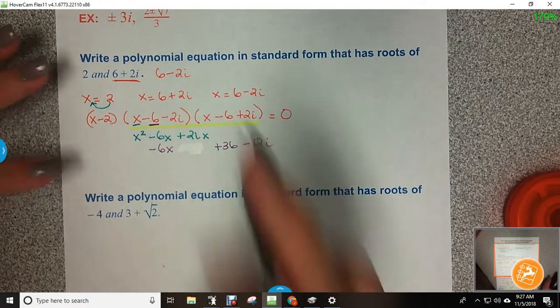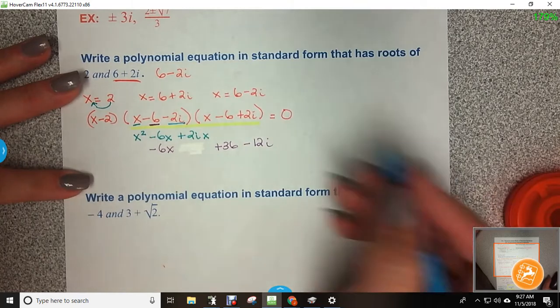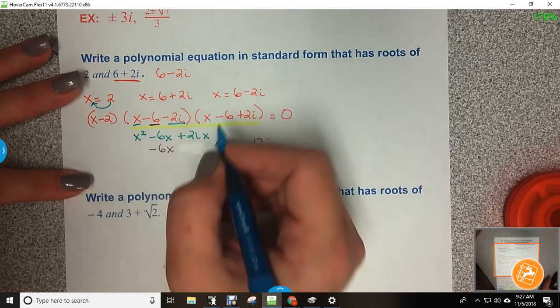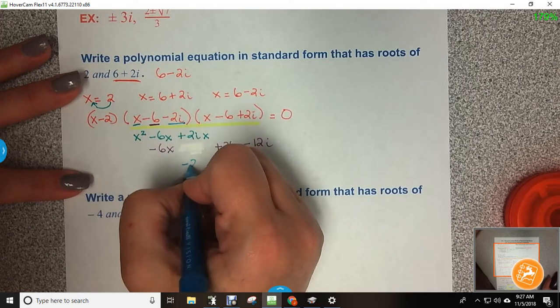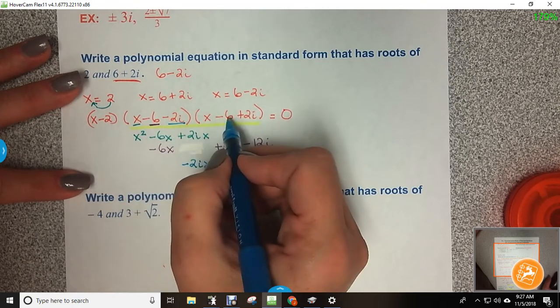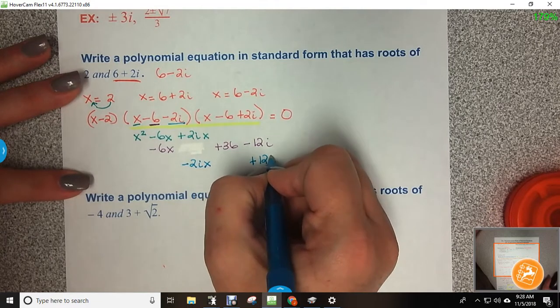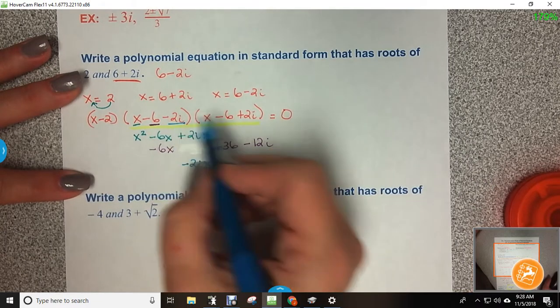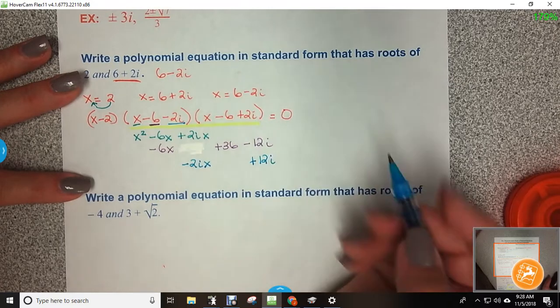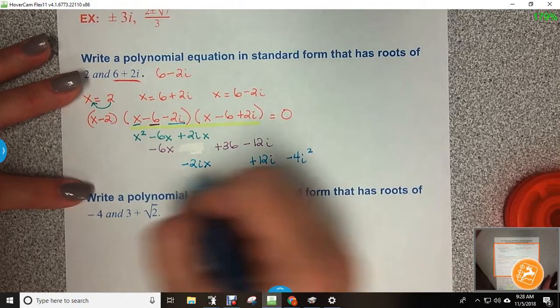Next, I have to distribute my negative 2i to all of these. So negative 2i times x is going to give me negative 2ix. Negative 2i times negative 6 is a positive 12i. Negative 2i times positive 2i gives me a negative 4i squared.